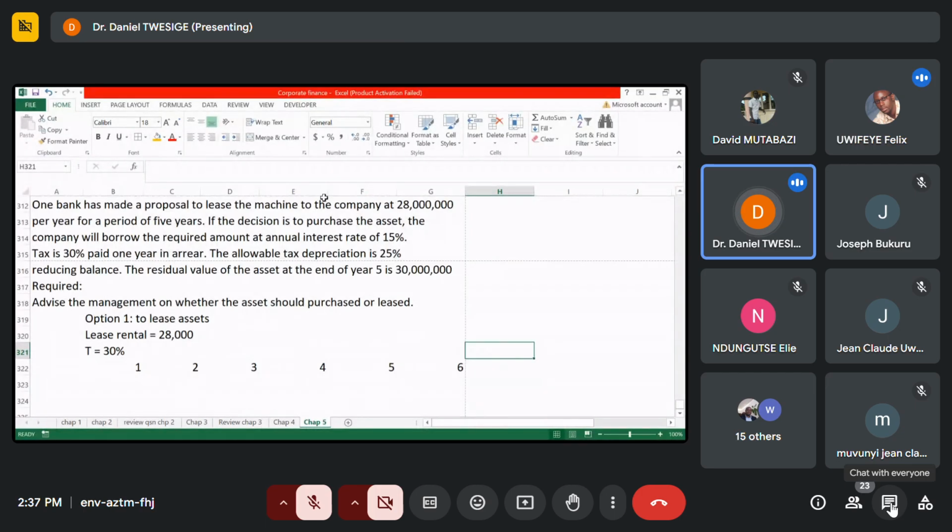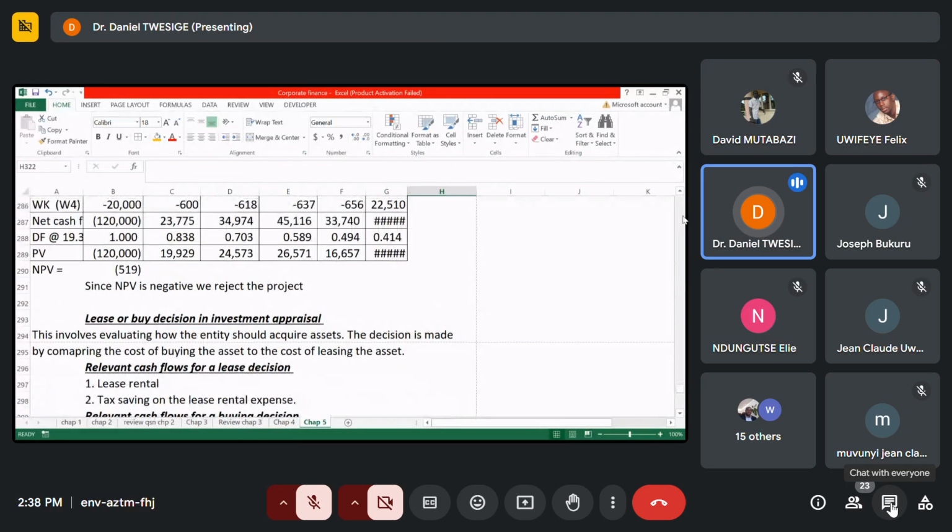I need to reduce a bit such that I create another space. I need another row here. It's not giving me another row, another column. Okay, I needed this one.